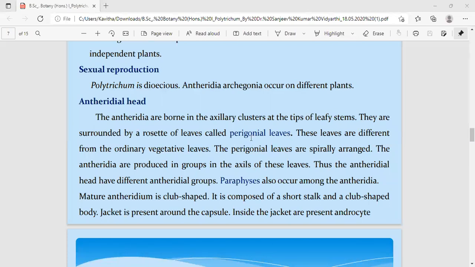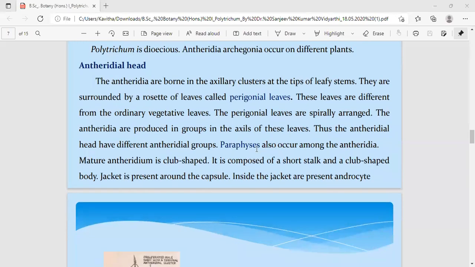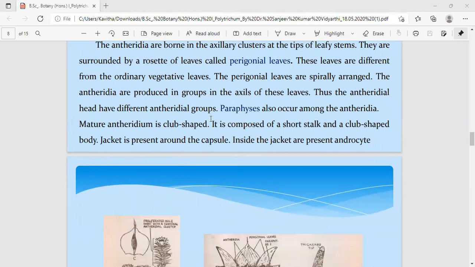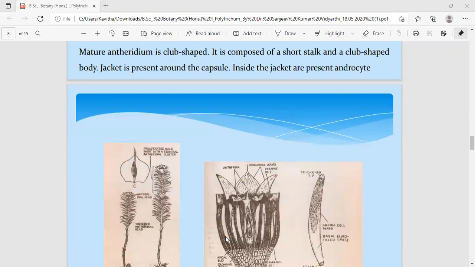Apart from the perigonial leaves, the antheridial head consists of the paraphyses, which are the sterile leaves, arranged alternately with the antheridia.